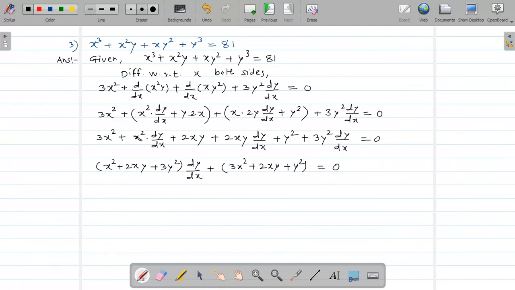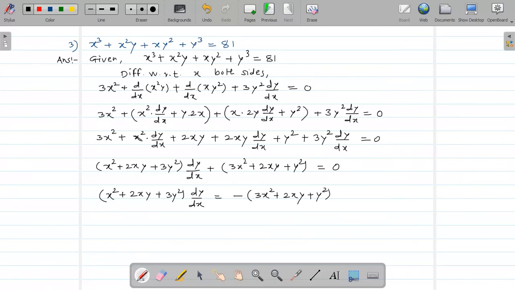Now next step, to get the last answer, that is dy by dx, we have to modify this. So the next step is x square plus 2xy plus 3y square into dy by dx is equal to minus of 3x square plus 2xy plus y square.